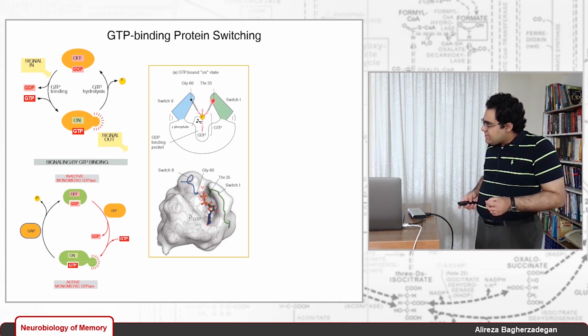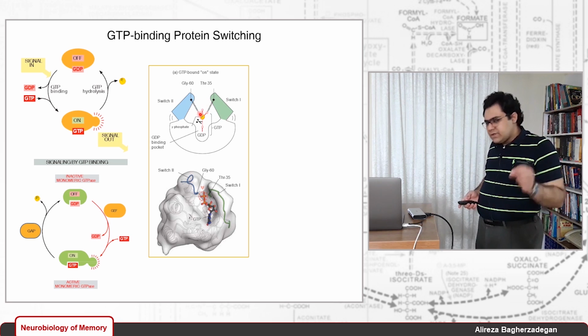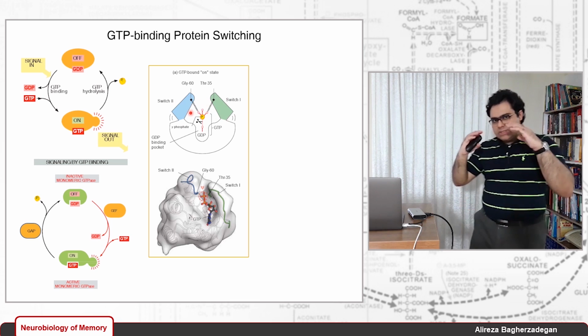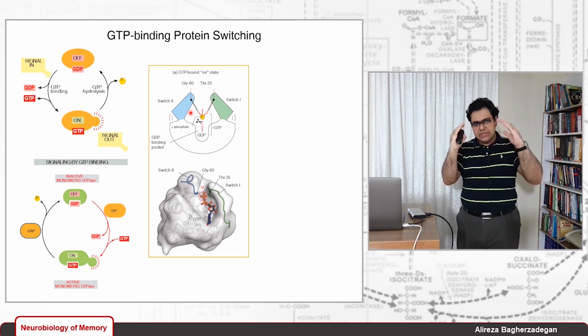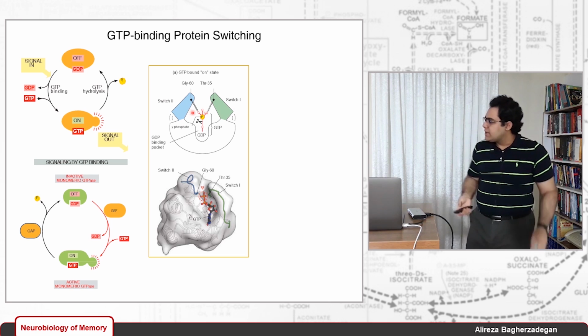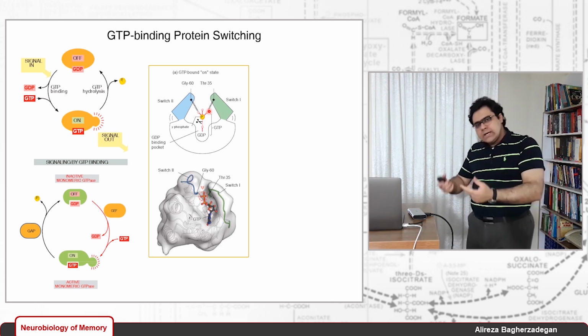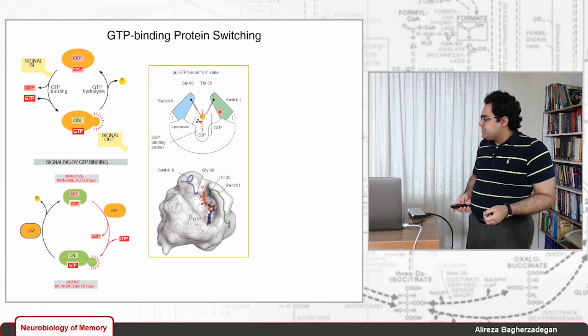These two bonds between these two amino acids in the two switches and the gamma phosphate of GTP are holding the two switches in this active position, so that they can interact with other proteins and activate them.